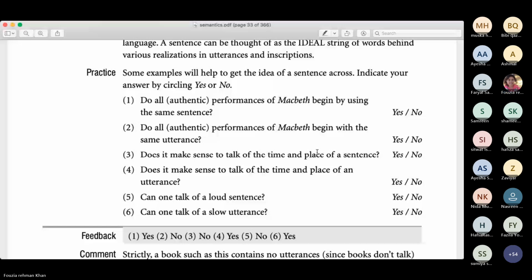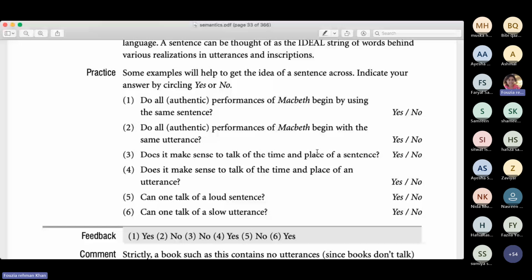So, do all authentic performances of Macbeth begin by using the same sentence? Yes, because this is how Shakespeare has written it. Do all authentic performances of Macbeth begin with the same utterance? No. And why is that? Because the role of Macbeth has been played by several actors, not just one. It was performed on the stage also, and then there was a movie Macbeth, and this movie has been made several times.